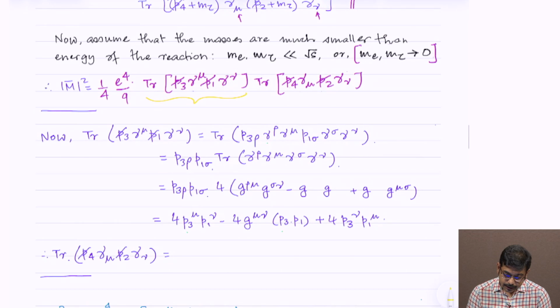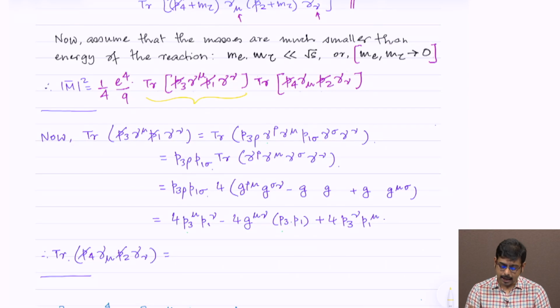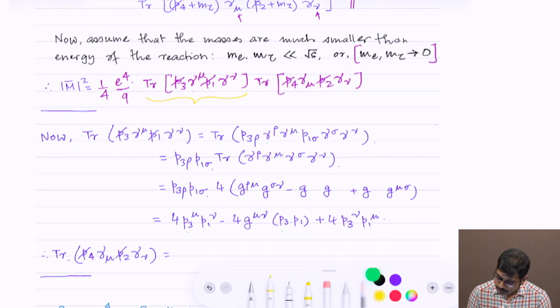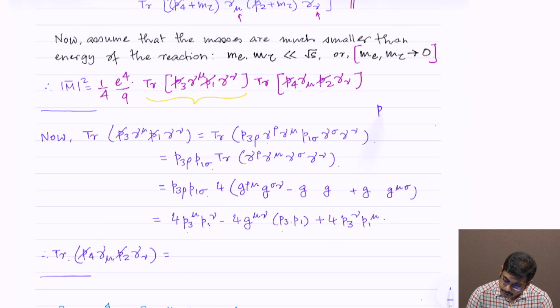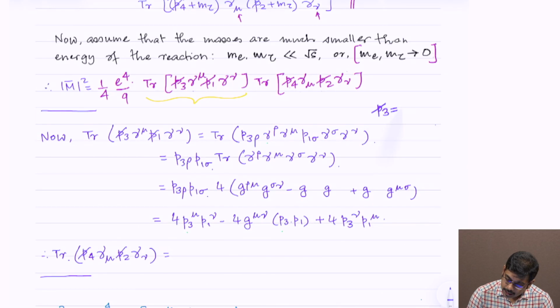So let's start doing this calculation. The trace of P3 slash gamma mu P1 slash gamma nu. What is P3 slash? P3 slash is something that you can write by attaching a Lorentz index, let's call it rho. This is P3 rho gamma rho.